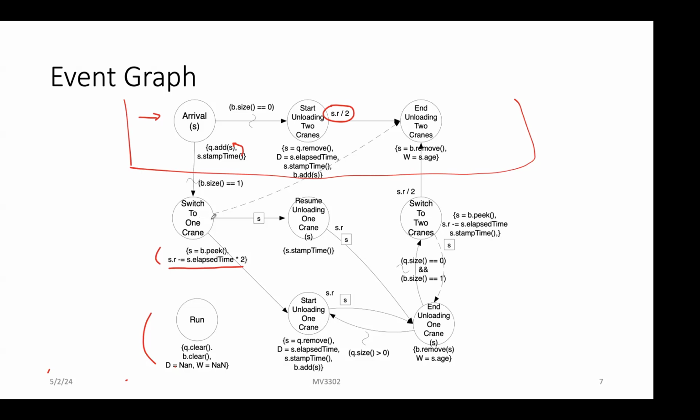In order to resume unloading with the 1 crane, I need to know which ship it's on. So I'm going to schedule that, and that ship is still in the berth, so I'm going to stamp its time.